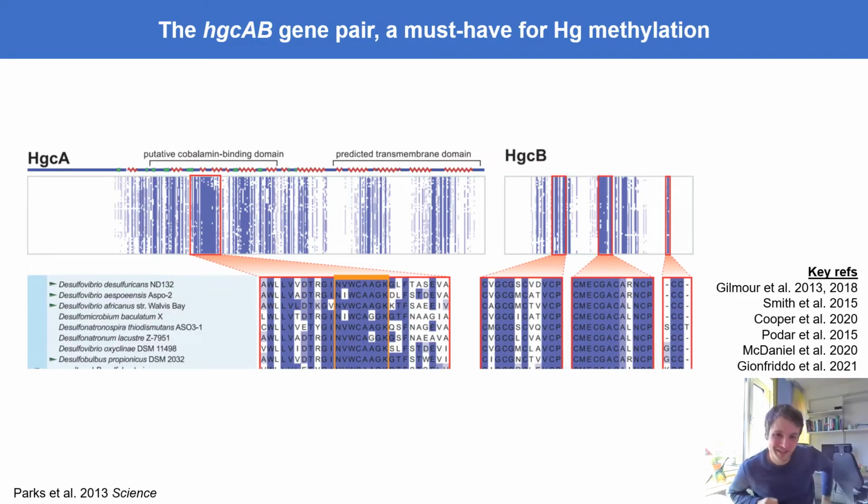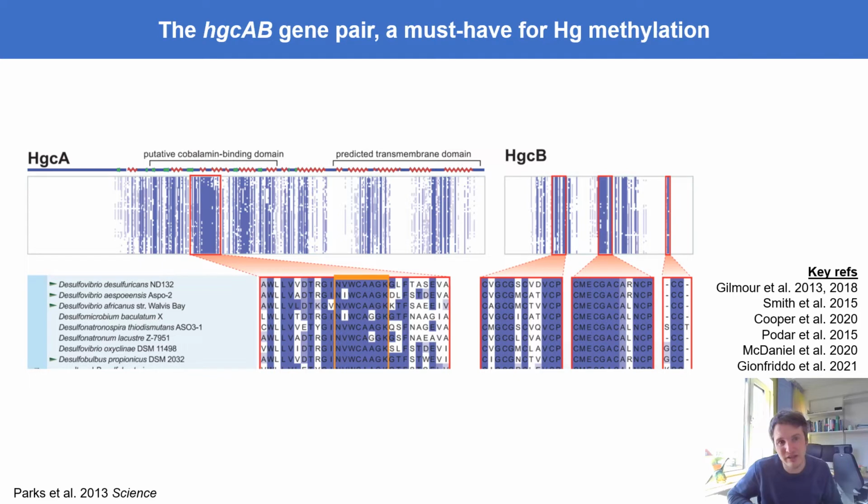What is very interesting about this gene, but also very useful for us doing bioinformatics, is the fact that some amino acids are essential for the function to happen. If you just delete them or substitute them, you will actually not have methylation happening anymore. And then you can detect those amino acids in the genes you find in the environment.